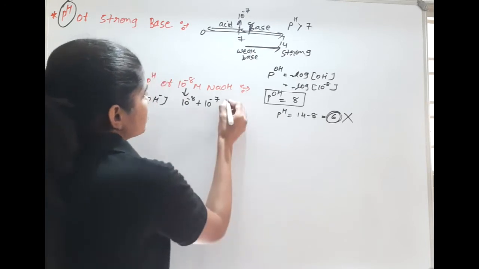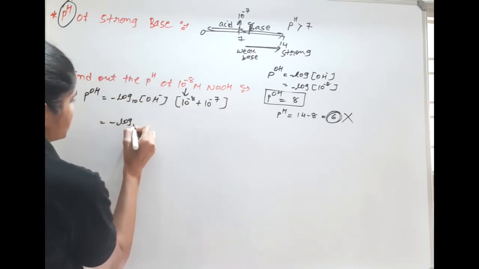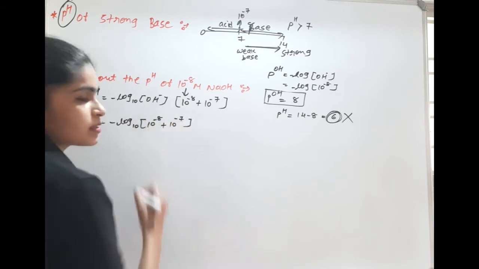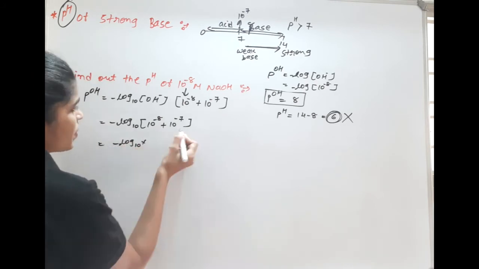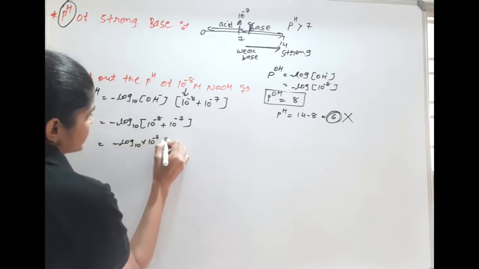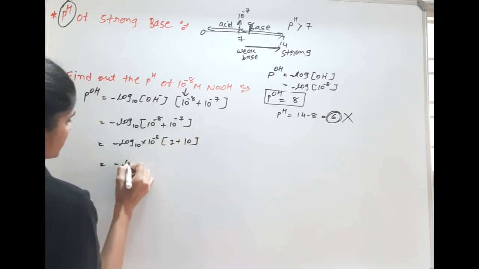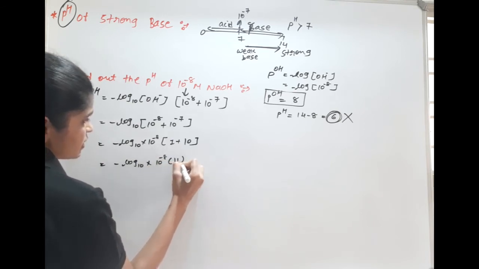Put this total value in the equation: minus log of (10 raised to minus 8 plus 10 raised to minus 7). The common factor is 10 raised to minus 8, giving minus log of 10 raised to minus 8 times (1 plus 10), and this is the 11 value.